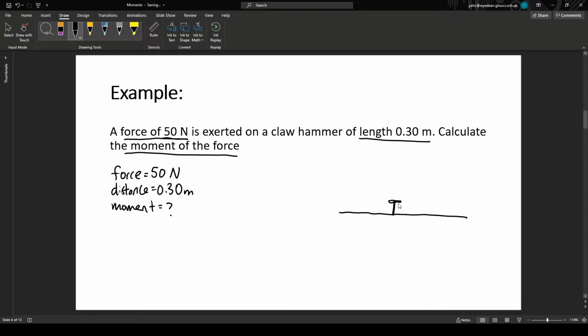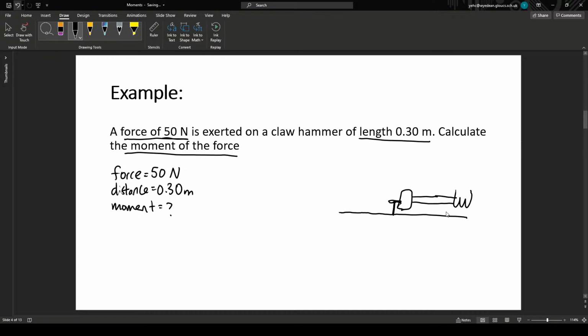Oh gosh, a hammer is going to be hard to draw. I'm going to do the best I can though. I'm just going to draw it like that. Oof. There you go. And then there's you holding it.